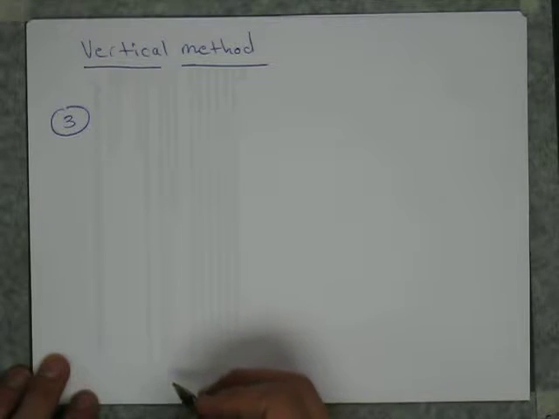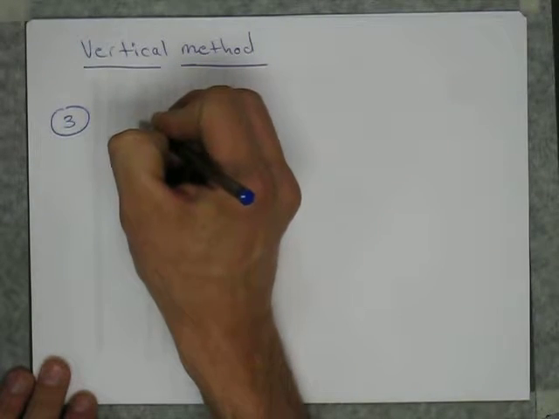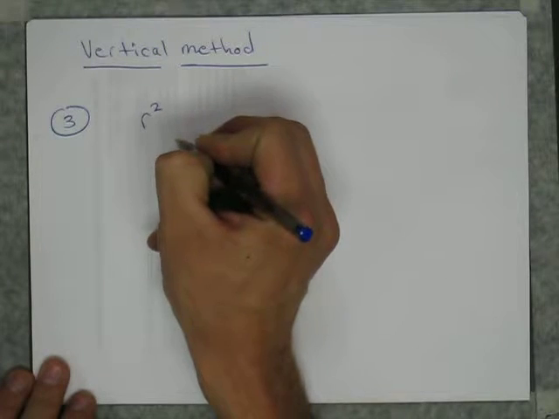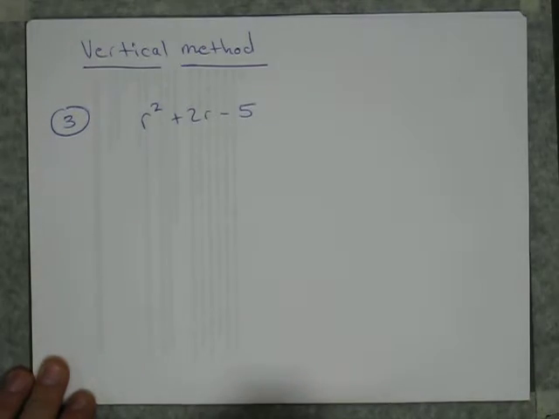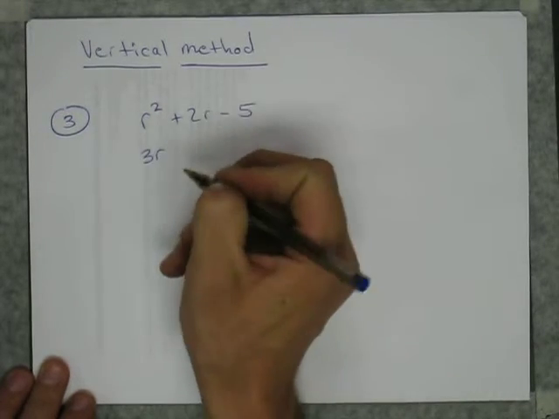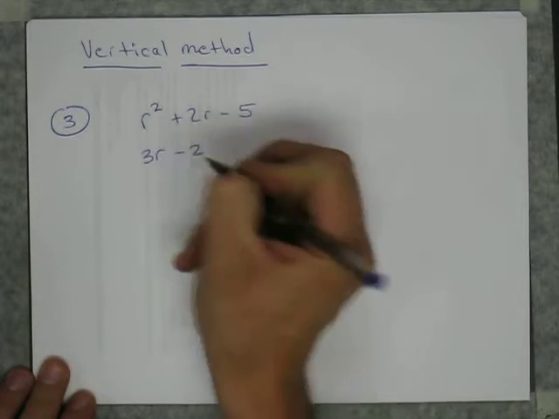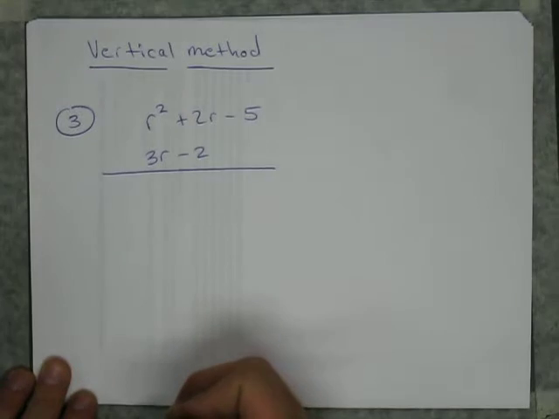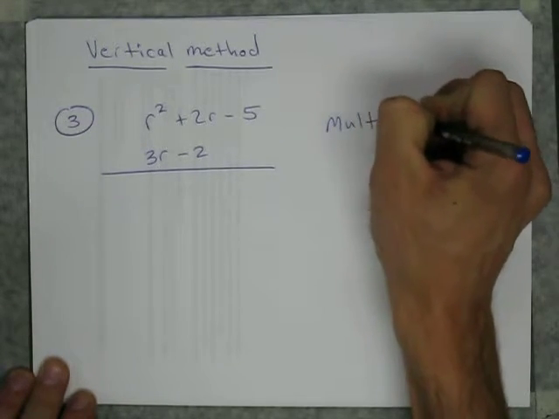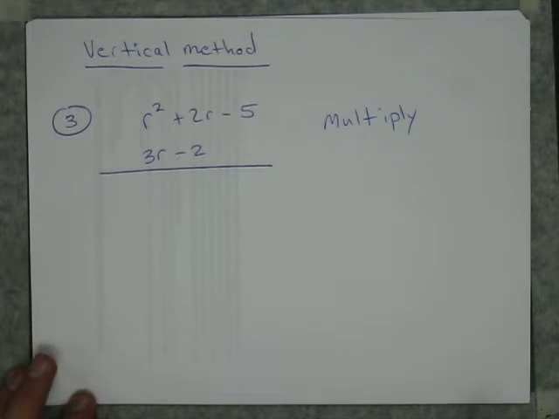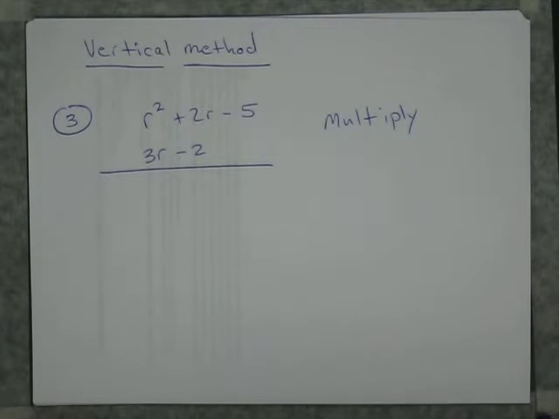What they have for the vertical method is they have it stacked like this: r squared plus 2r minus 5, and then they have 3r minus 2, and they're going to say multiply. Give you a second to write that down. Okay, so what you're going to do is distribute. Stand by.